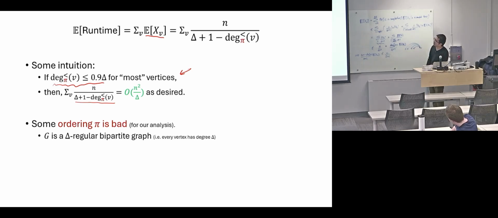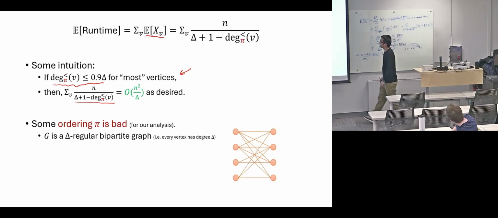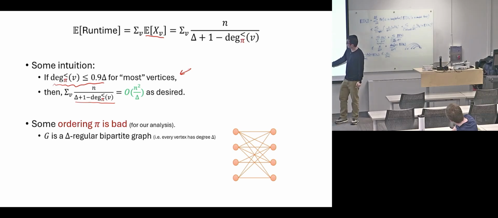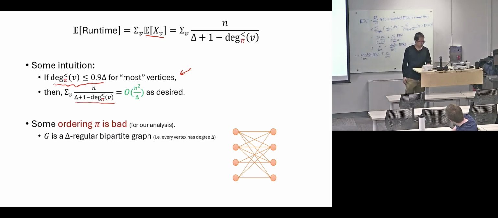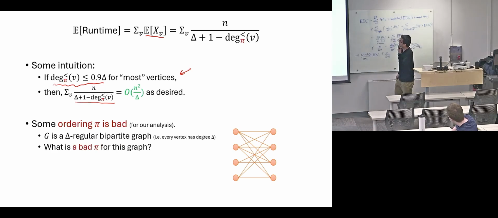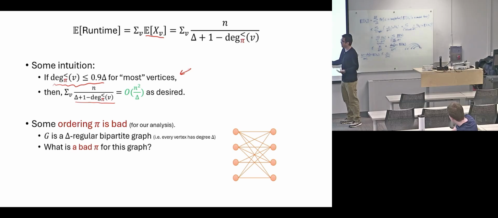Let's say that the graph is a delta-regular bipartite graph, which is just a graph where every node has the same degree, delta. You can think of a complete bipartite graph, for example. Can you tell me, for this graph, what is an ordering that is actually bad, in the sense that it will not satisfy this one?